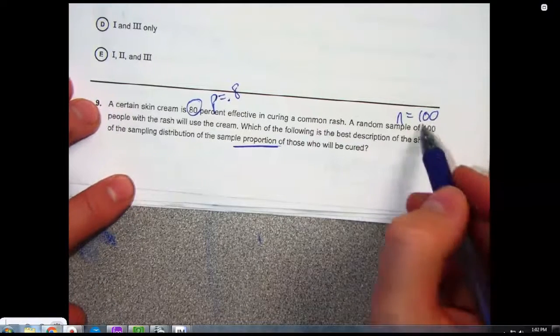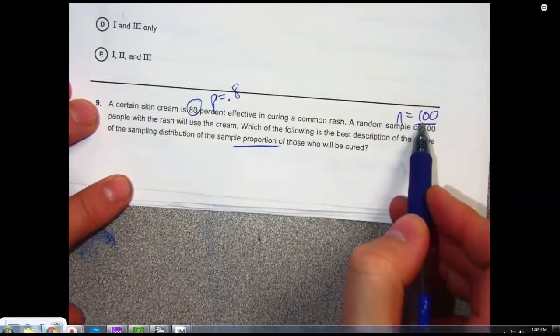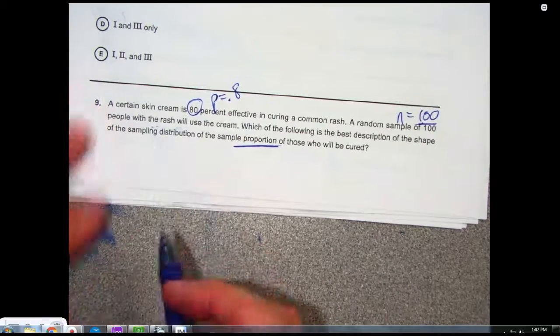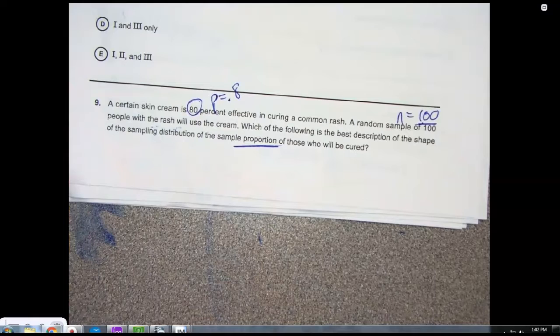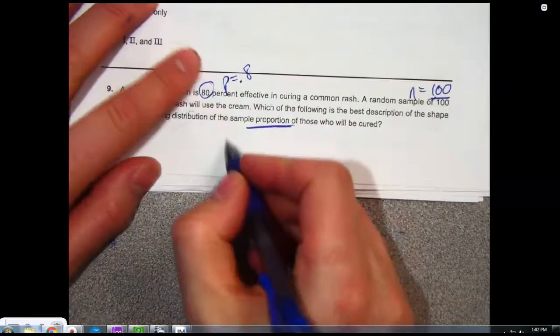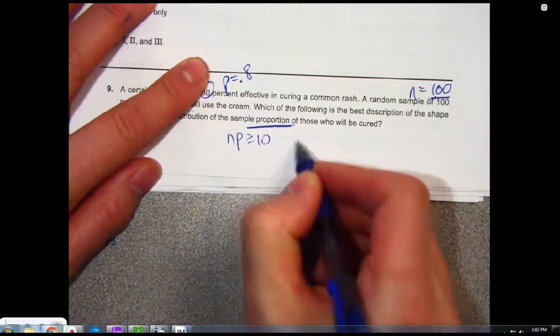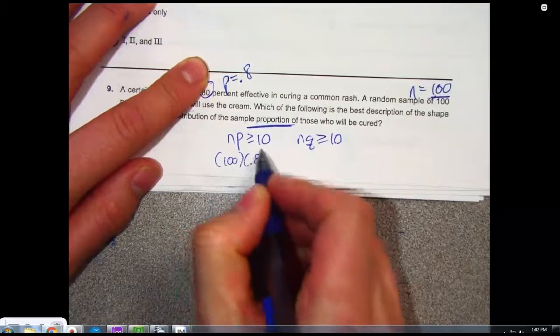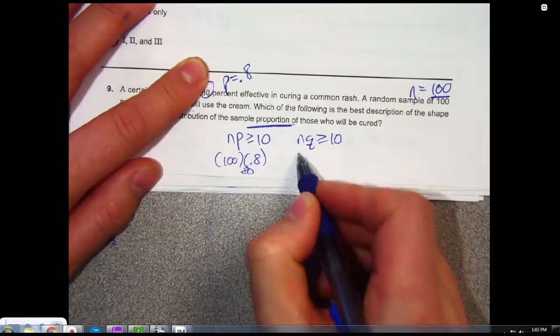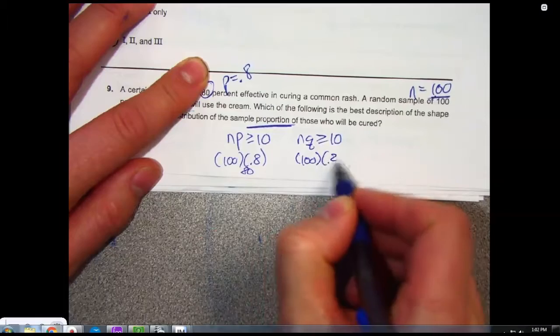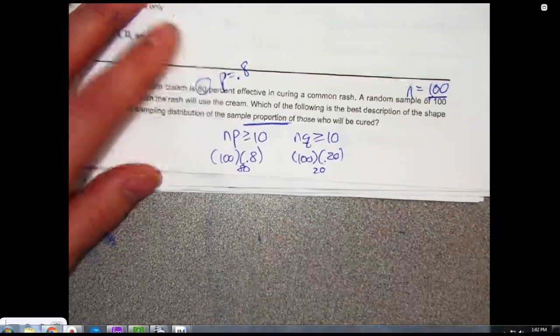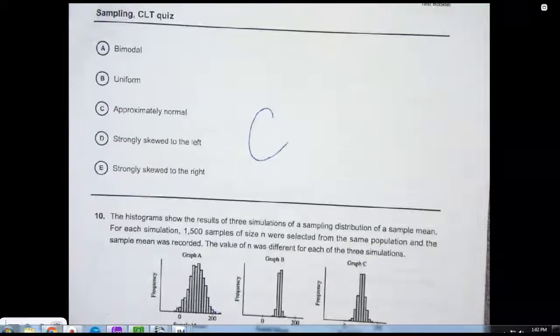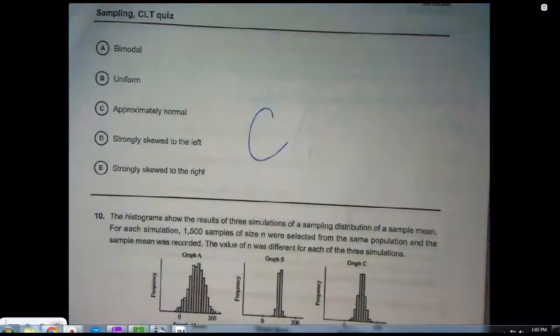Well, 100 is probably less than 10% of all the people with a rash that will use the cream. And then I need to know that np and nq are greater than or equal to 10. Well, n is 100, p is 0.8, that's 80, that's good. n is 100, q is 0.2, so that's 20, and that's good. As long as those things are all good, then we're approximately normal, and that one's C.